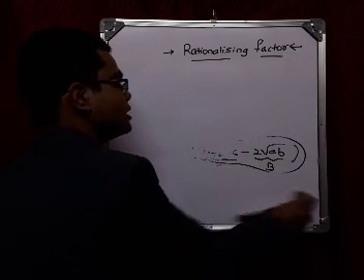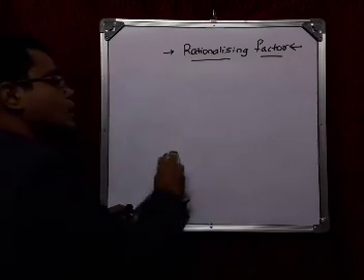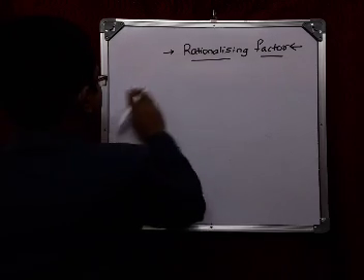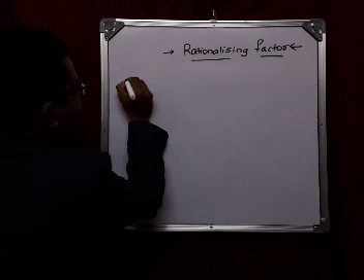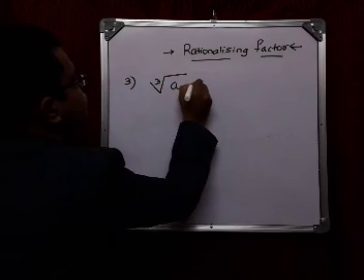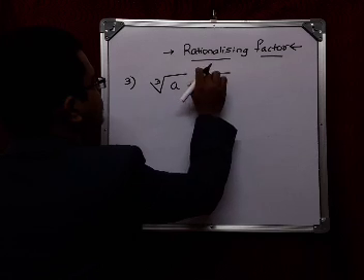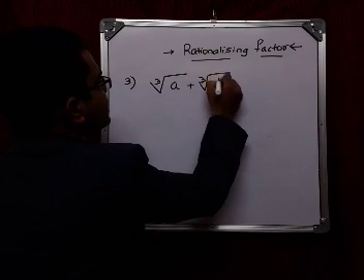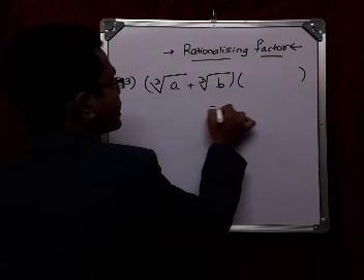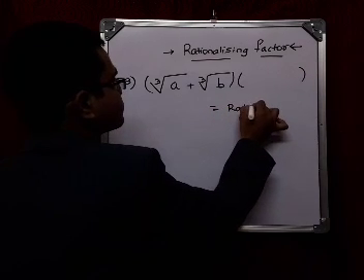Let's go for the rationalizing factor for a cubic surd. That's the third case. What is the rationalizing factor for cube root a plus cube root b? What is the rationalizing factor with which you should multiply so that you can get some rational number?